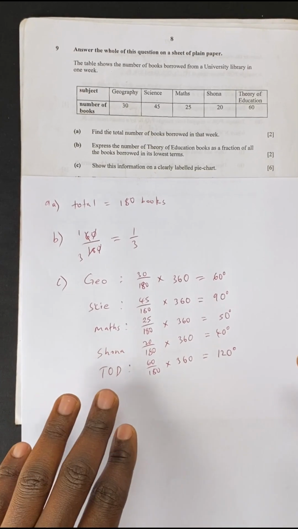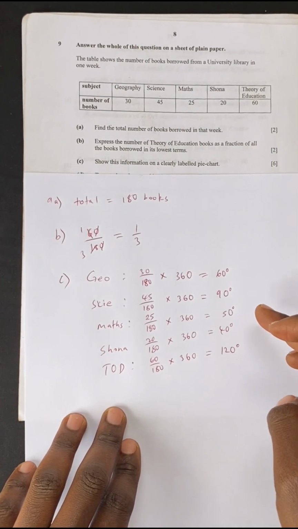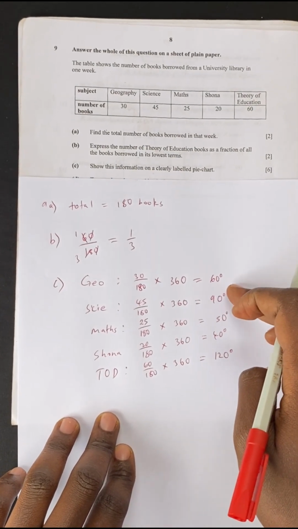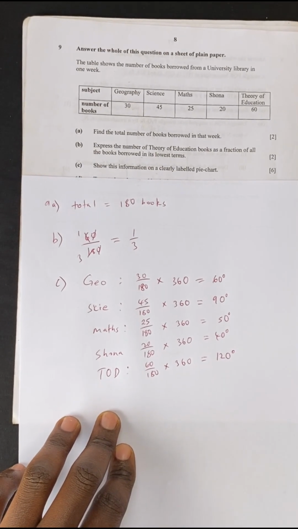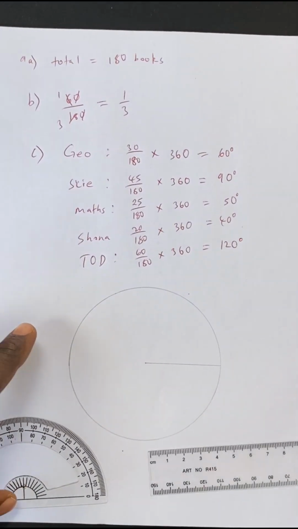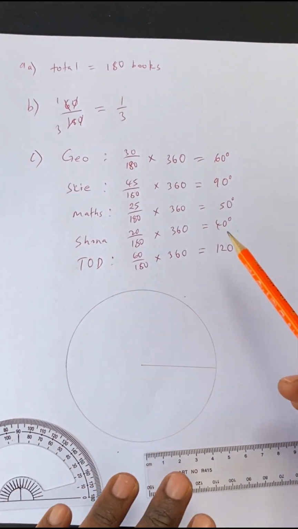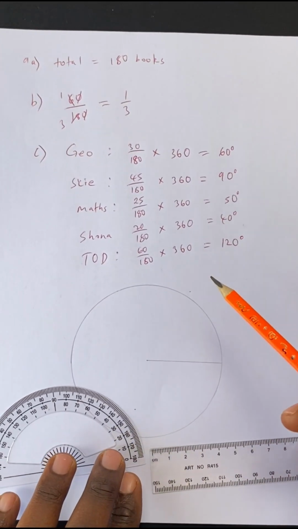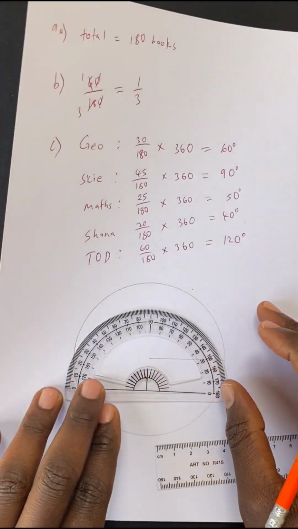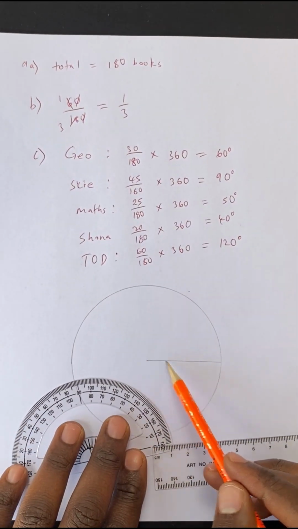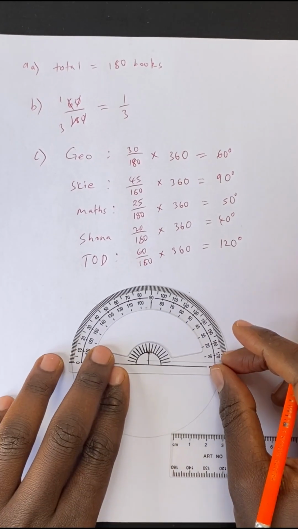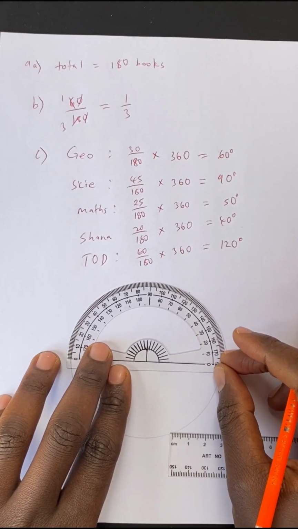So now we are going to draw a circle and divide it into these angles using a protractor. Okay, so draw the circle, and then we're going to mark using a protractor each angle. So here, this line is just acting as a baseline. We're going to measure using a protractor.